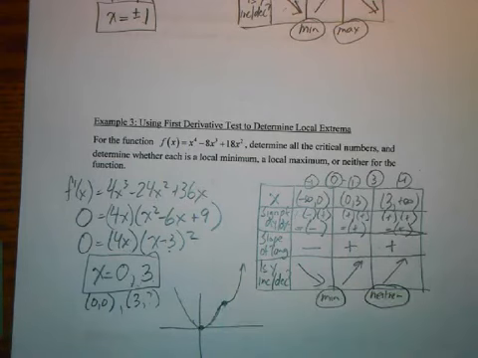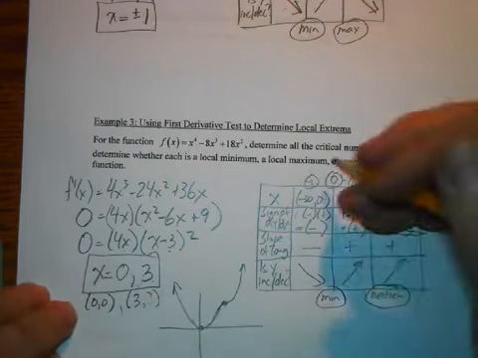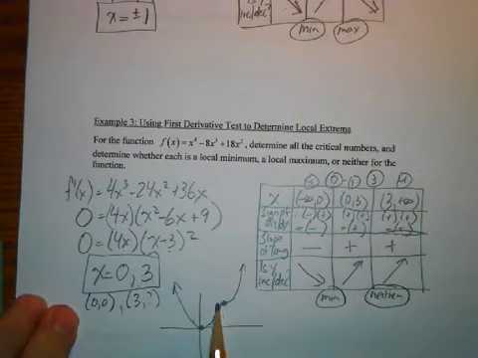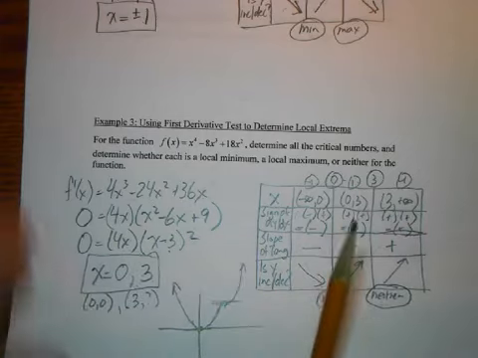So that's what that graph would look like. They didn't really ask us to do that, but I just wanted to show you what it looks like when it's neither. Because you can see if I actually did take the slope of the tangent there, it would be 0, just like it's 0 there. But you can see it's increasing on both sides. Okay, and that's what the neither means.